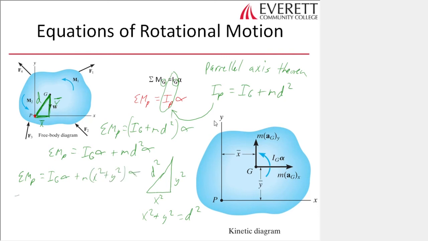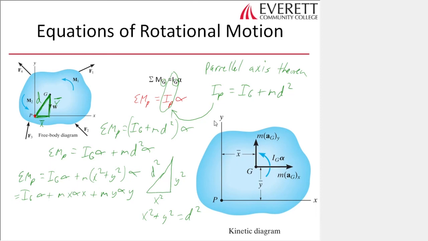I now have I_G alpha plus m x alpha times x plus m y alpha times y. So kind of weird, but mathematically correct, right?